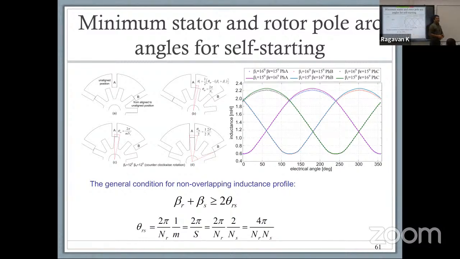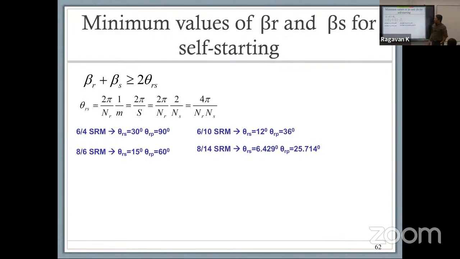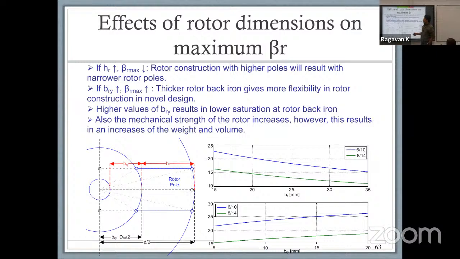So you're taking into consideration all the geometrical features and allowing that to calculate the total arc occupied by the rotor plus stator. Basically, if I have two arcs and I put them adjacent to each other, they should give us enough space clearance that I can still get an unaligned position. That's the bottom line.